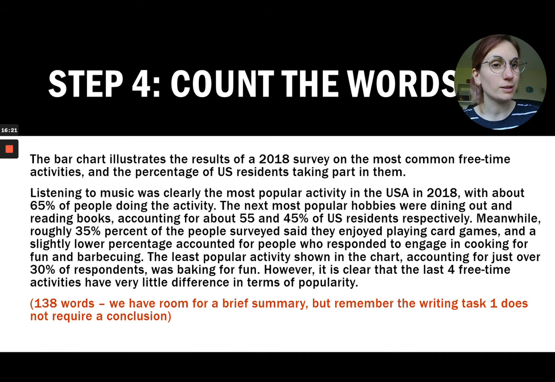So you're not going to write a conclusion, you're not going to give your opinion. You are only going to write a brief summary, so you're going to repeat the same thing but in fewer words. So remember, no conclusion, no opinion. For writing task 2, you can give your opinion. For writing task 1, only the information that is in the chart.